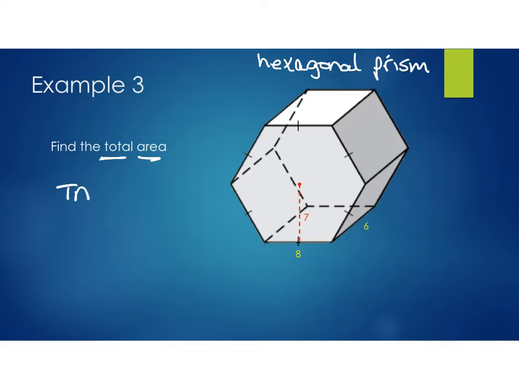So for the total area, I'm going to find the area of the base, and there's 2 of them, and then I'm going to add the lateral area, which is perimeter times height.